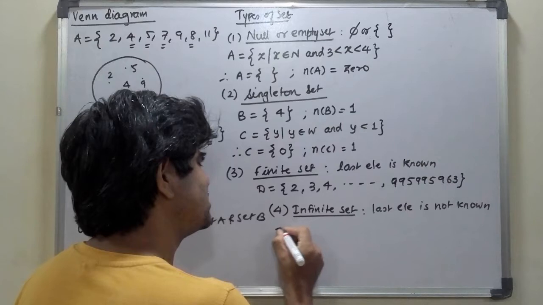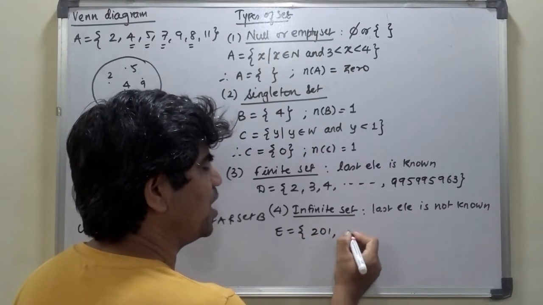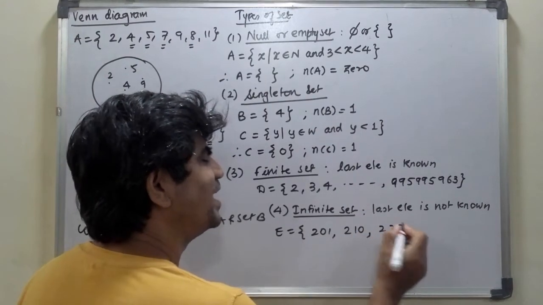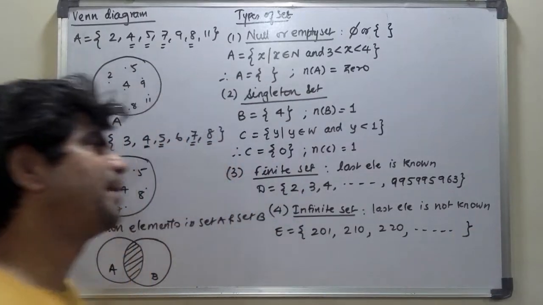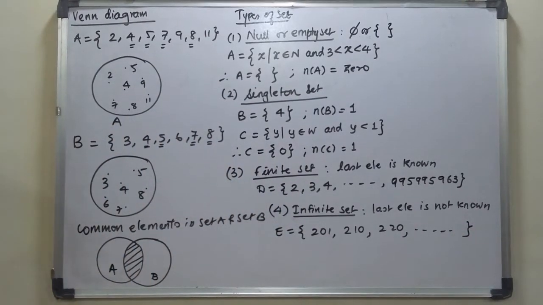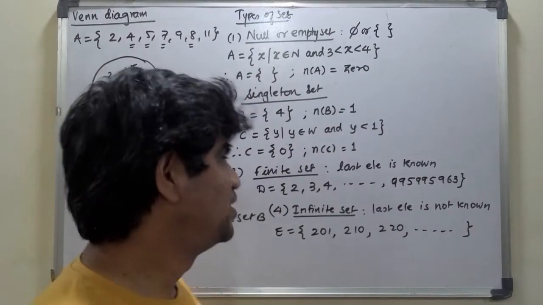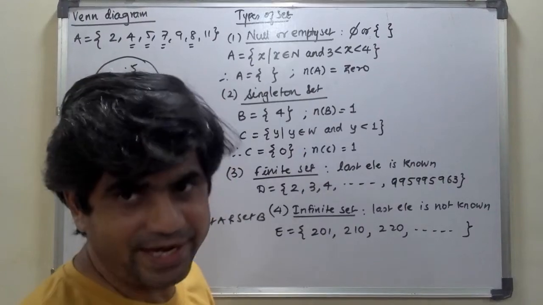That is, suppose you have set E which starts from 201, 210, 220 and something like that and goes on. Okay. So last element is not known. It never ends also. So this is called as infinite set.